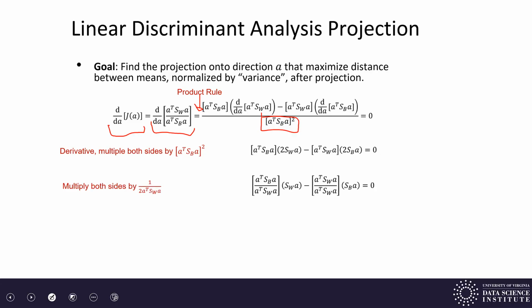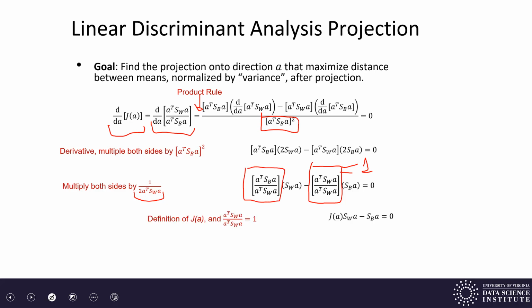Next step in our computation, we multiply both sides by this. And now this piece right here is equal to 1, and this piece right here is J of A. So we use those two pieces of information to get this formula right here. We move those around a little bit.